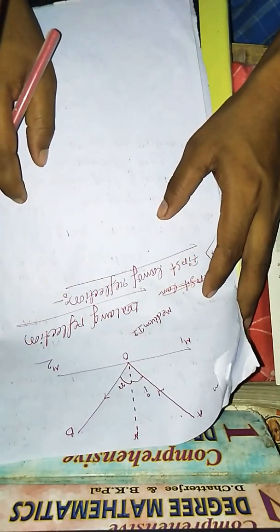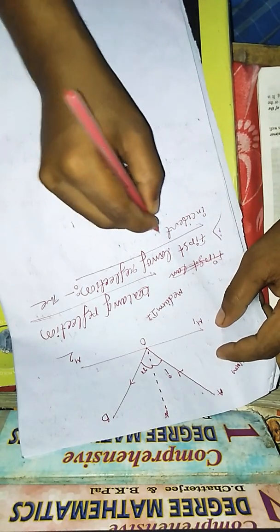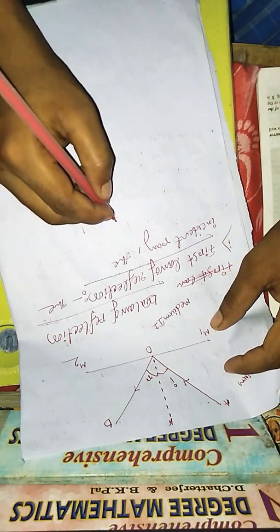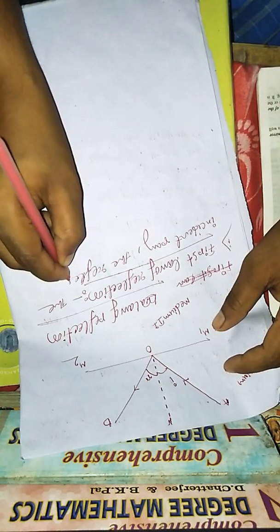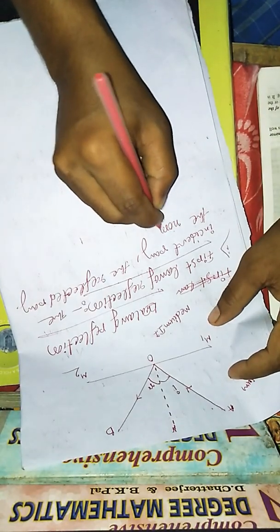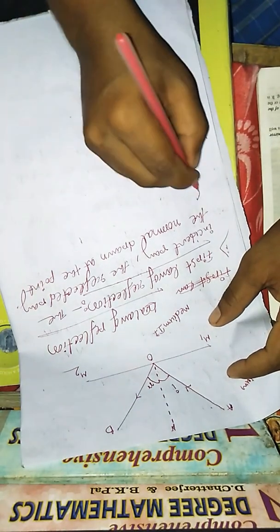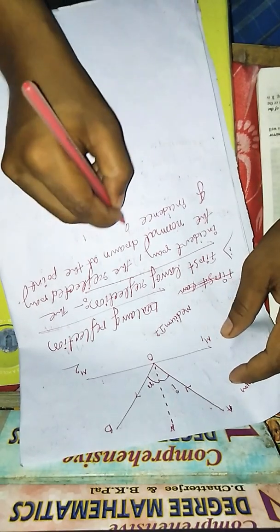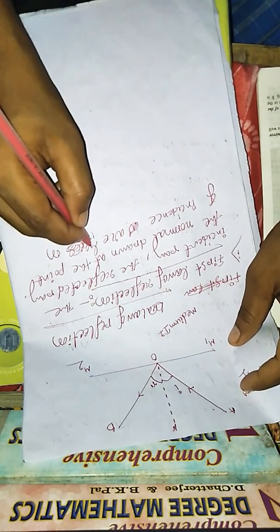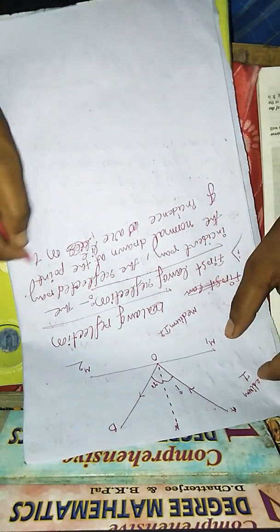The first law of reflection says that the incident ray, the reflected ray, and the normal drawn at the point of incidence lie on the same plane.